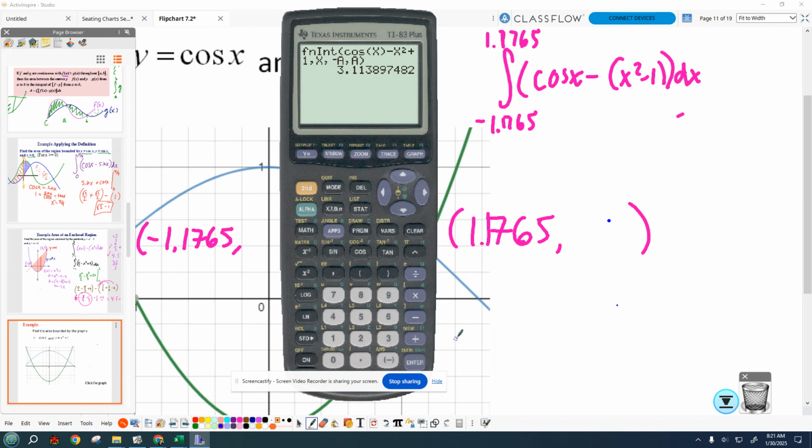It's hard to see because it's a subtraction, it's what I want, and it says no. So there's an answer, 3.1138. You could leave that as 3.114 or 3.113. Please keep at least 3 decimals. It's shocking to me that some of you still round to 1 or 2 and say it's okay. It's not.